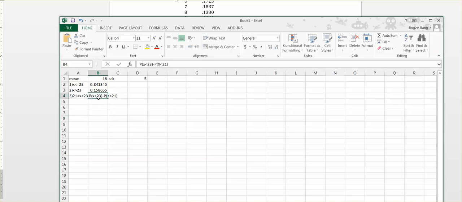So that is what we want to do. First get the probability of x smaller than 23, and minus the probability of x smaller than 21. In the first question we've already got x smaller than 23, and now we just need to get the probability for x smaller than 21.